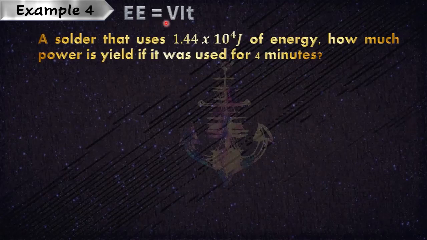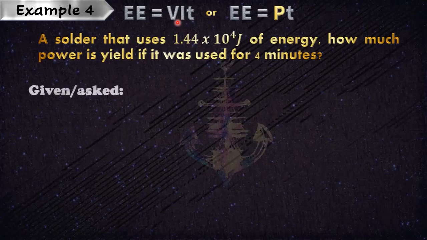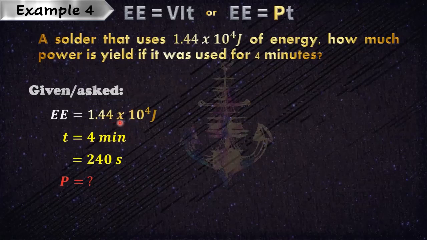Take note, to solve for power, that is P. And we can change this from E equals VIT into E equals PT, right? P is V times I, or voltage times current. Once we are familiar, class, it's easy to derive the formula. Okay, input the given. We have electric energy, time in seconds, 240 seconds, and the unknown in the problem is electric power.